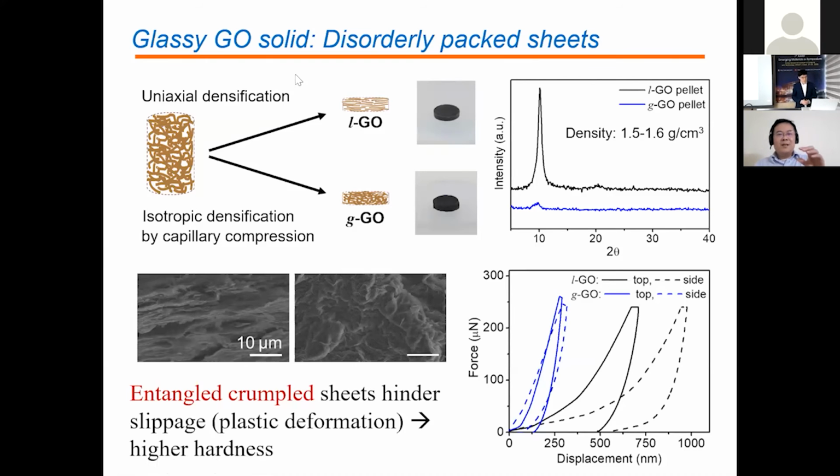That means the lamellar one here is really our reference. I guess we don't really control that because we compress it as much as we can. Now, the degree of lamellar arrangement in the glassy one can be controlled by how you dry it.